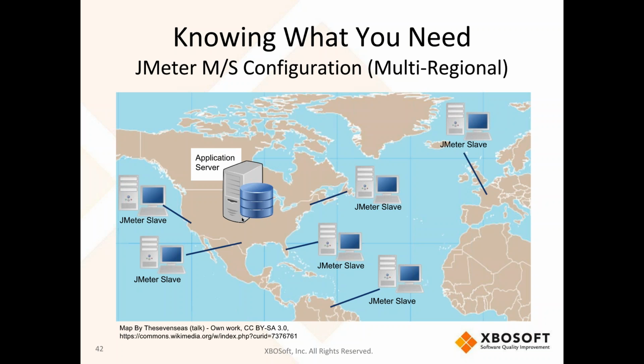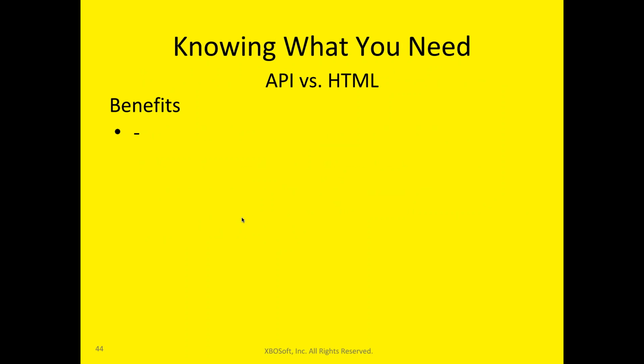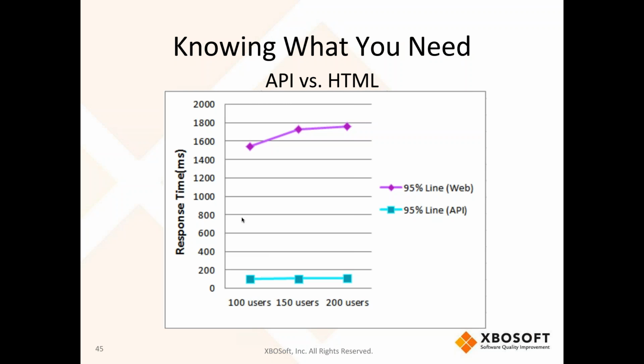Skipping the yellow and getting to this one. I think, also in the spirit of trying to emulate the real world, something else you want to keep in mind, if you're looking at the loads that are being generated and trying to figure out what the application under test is really experiencing, you can configure JMeter in this multi-regional scenario like we talked about with the slaves.